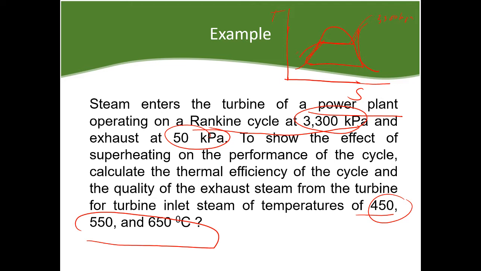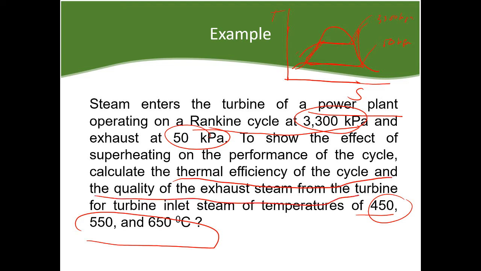Tapos yung nasa babang isobar, that's 50 kilopascal. Ibig sabihin, yung inlet nung turbine mo is 3,300 kilopascal, then yung outlet nung turbine mo is 50 kilopascal. So ang tanong is, calculate the thermal efficiency of the cycle and quality of the exhaust steam from the turbine.